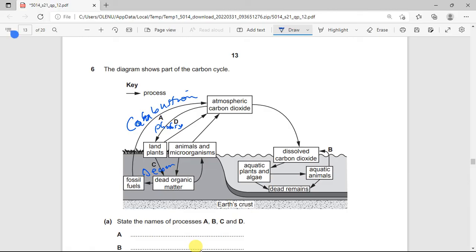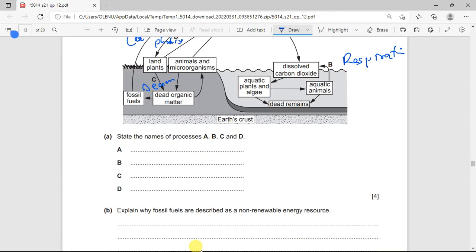Now, here they said atmospheric dissolved carbon dioxide, aquatic plants, aquatic animal, then dissolved carbon dioxide. B should be respiration then, because when aquatic animal consume it, they respire to release it back to water, respiration. So that's all.